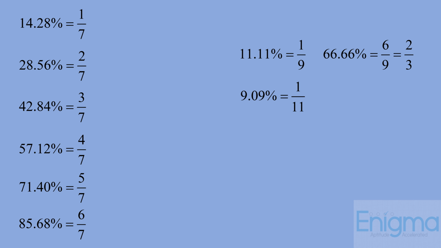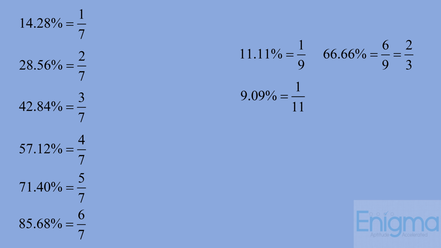Moving further, 1 by 11 is equal to 9.09%. Now if you see, 11 and 9 are corresponding values. When the denominator is 9, 1 by 9, the percentage value is 11.11. On the other hand, when the denominator is 11, 1 by 11, the percentage value is 9.09%.